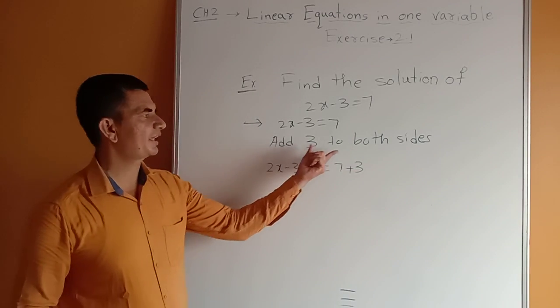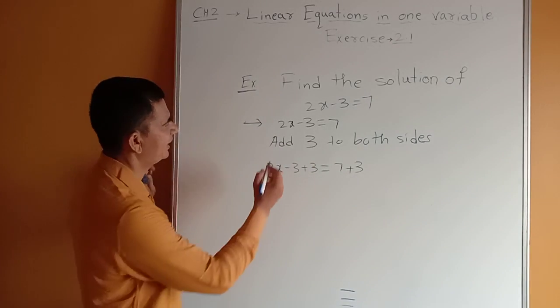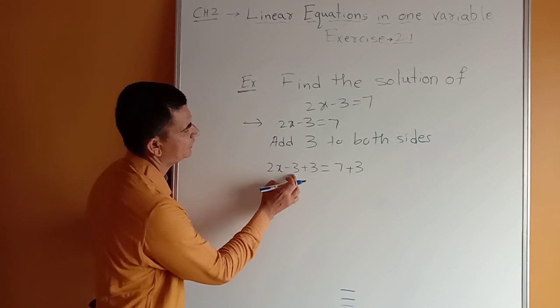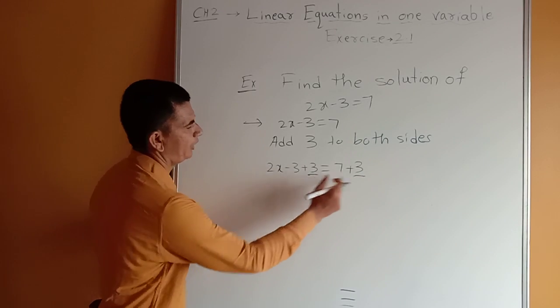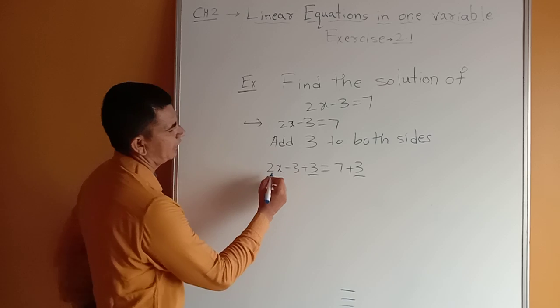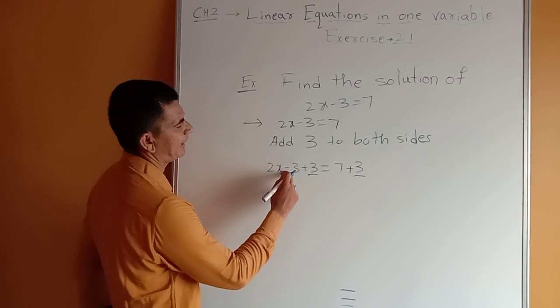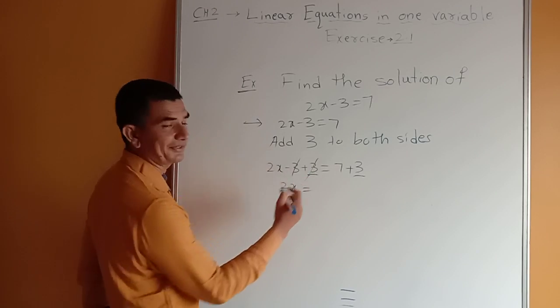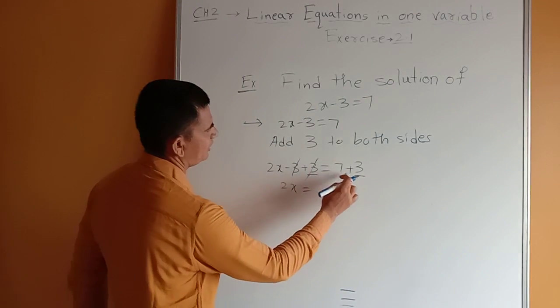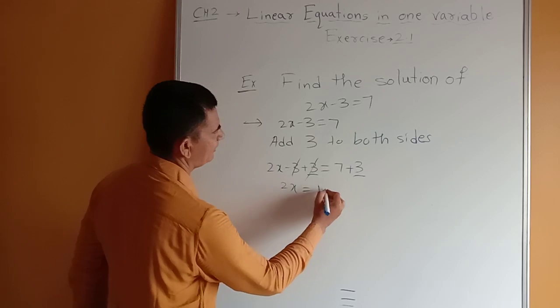The equation is 2x minus 3 is equal to 7, but we have added 3 on both sides. Now 2x, here minus 3 plus 3 becomes 0, so there is no need to write it. It will get cancelled. Equals 7 plus 3, it becomes 10.